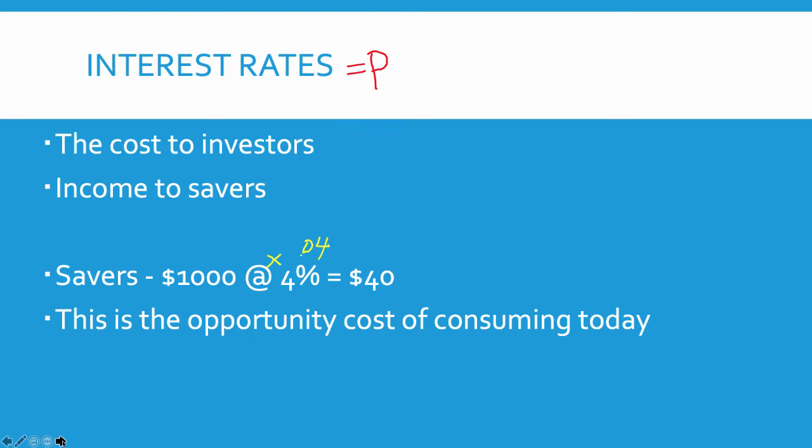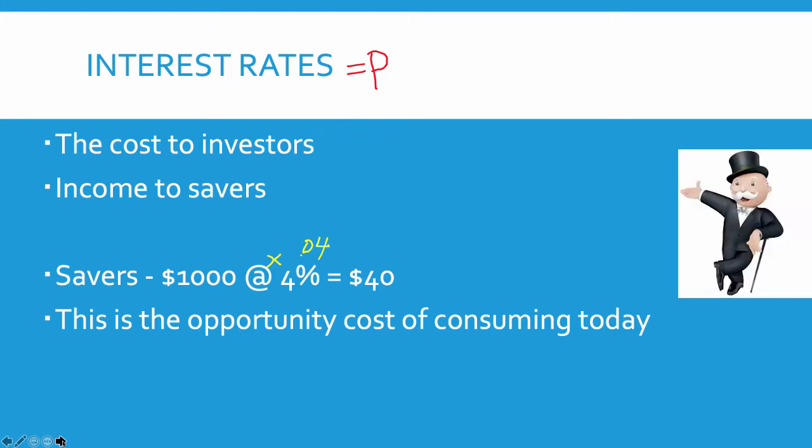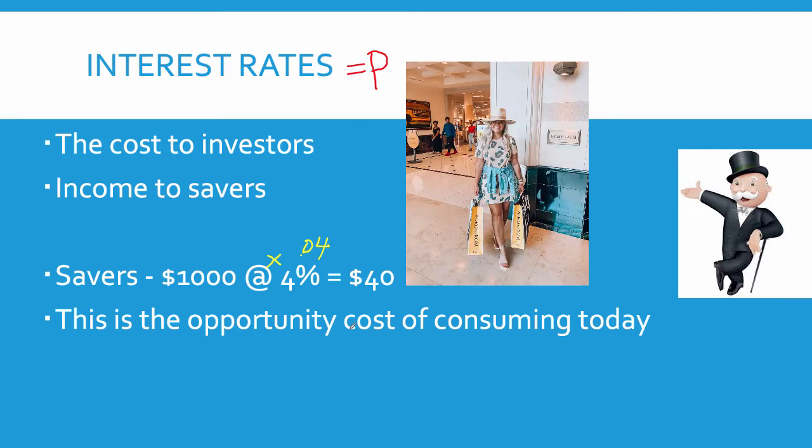Let's say that you are bequeathed $1,000. So that means some great rich uncle of yours has passed away. You've never met the person. There's no emotional connection, and they give you $1,000. And so you could do what you want with that $1,000. You could go out and buy some nice clothes.